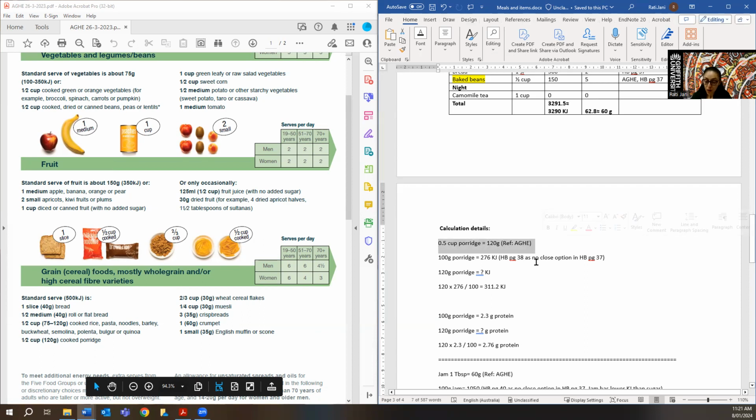Now I know that my go-to document, the quick ready reckoner in the handbook, doesn't have anything close to porridge. So then I have to go to the detailed ready reckoner. What do I mean by detailed ready reckoner? The title is generally macronutrient composition of common foods and fluids.